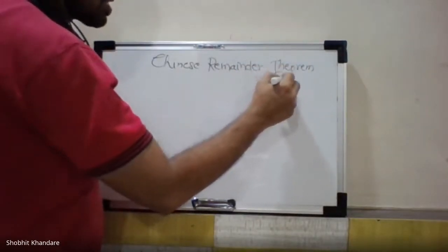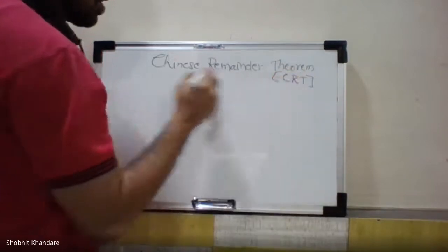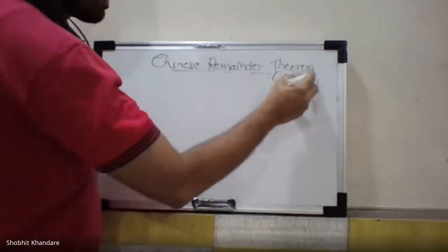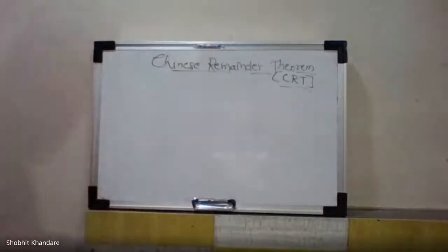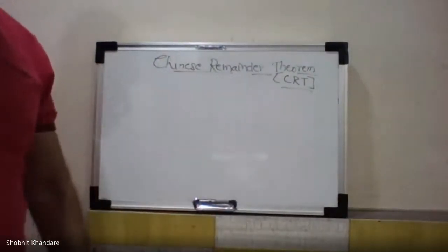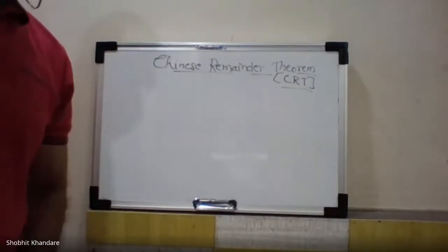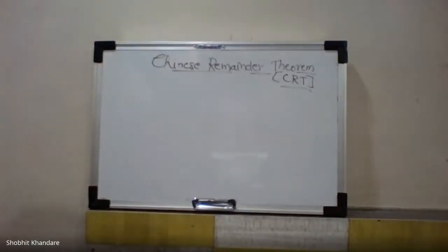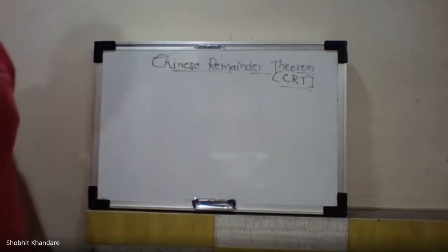In short it is called CRT, and it is in your practicals also. Using Scilab software, we are going to implement this CRT. So we'll see what this Chinese remainder theorem is.